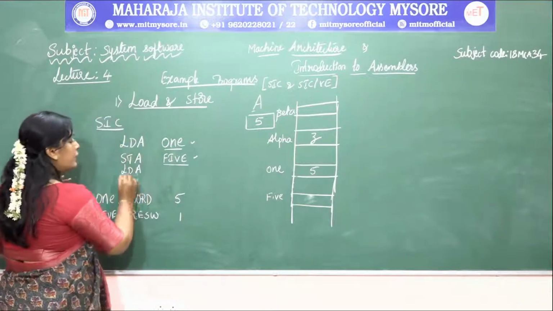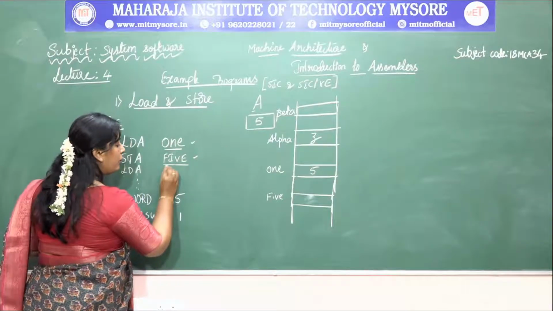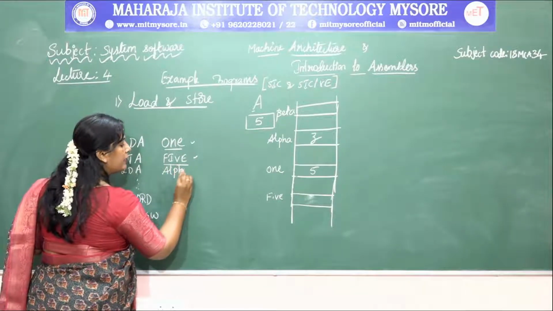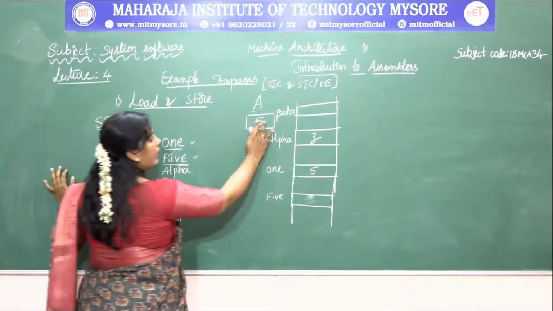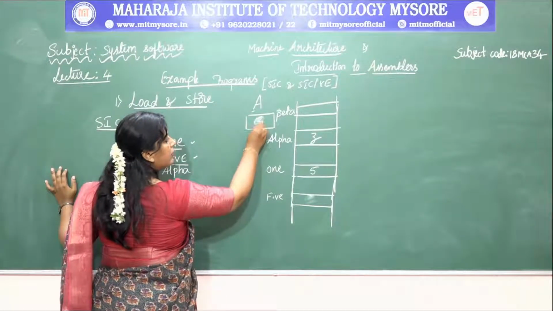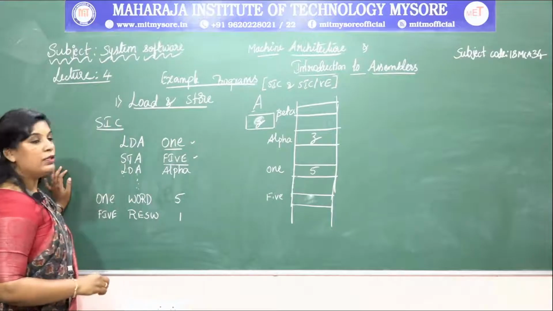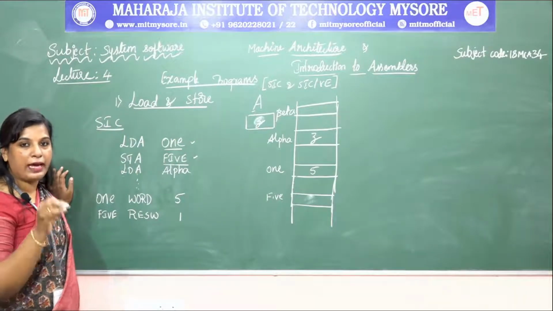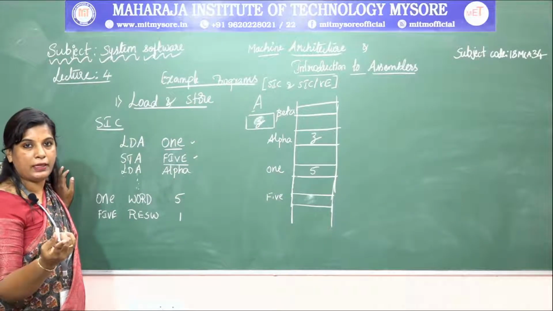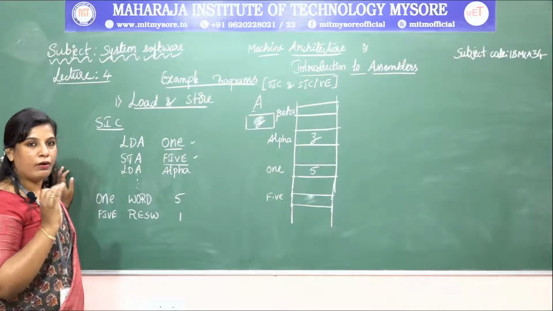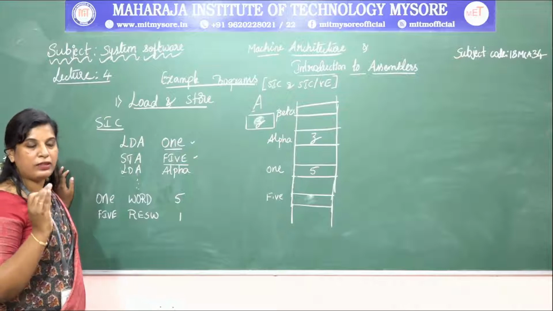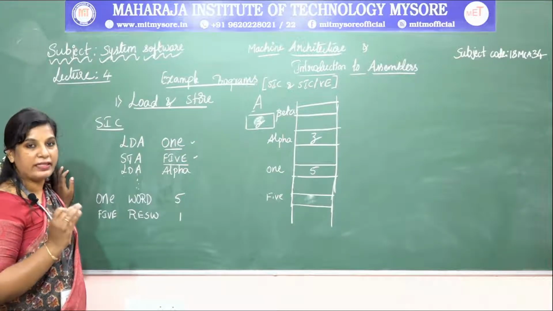So load accumulator with the value present in the memory location alpha. Now what does the accumulator have? Z. So I want to move the character Z to the memory location beta here. For moving that data, of course, it is going to move in the form of an ASCII value.